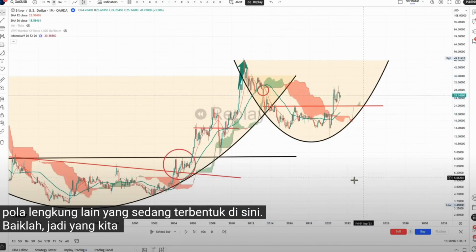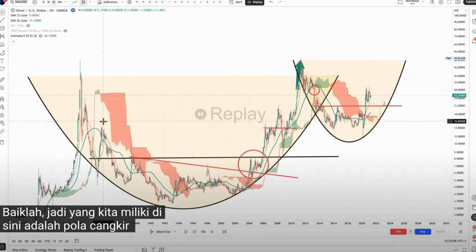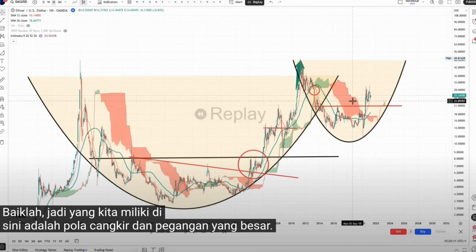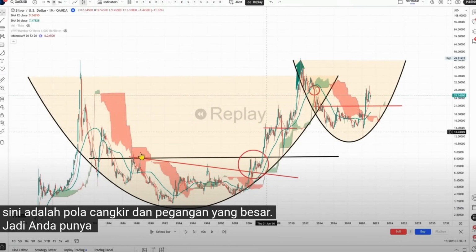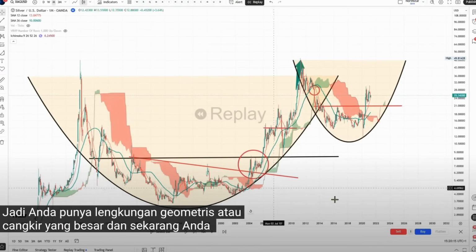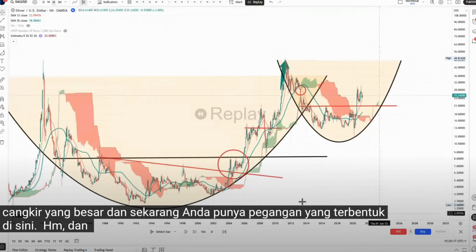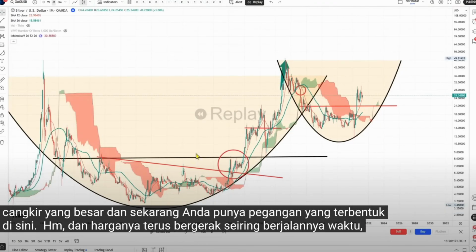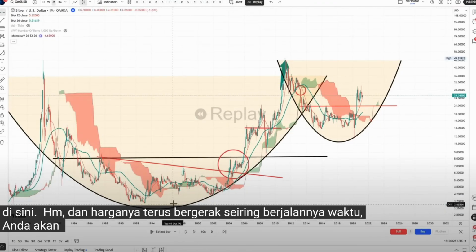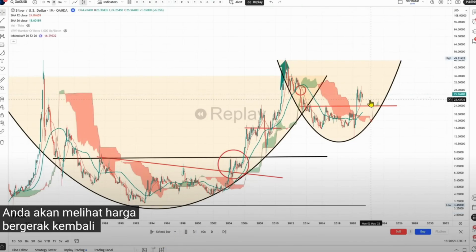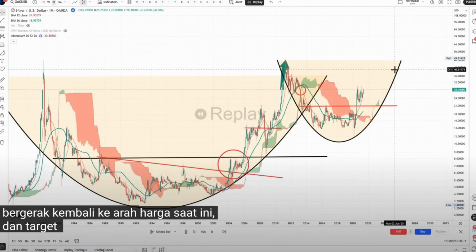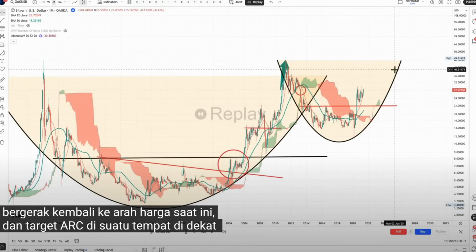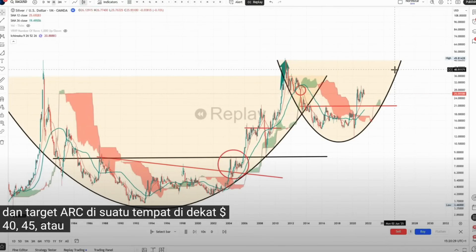Okay, so what we've got ourselves into here is a large cup and handle pattern. So you've got a big geometric arc or cup, and now you've got the handle forming here. As price continues to play out, you will see the price moving back towards where we are today, and the arc target somewhere up near $40, $45, or even $50.